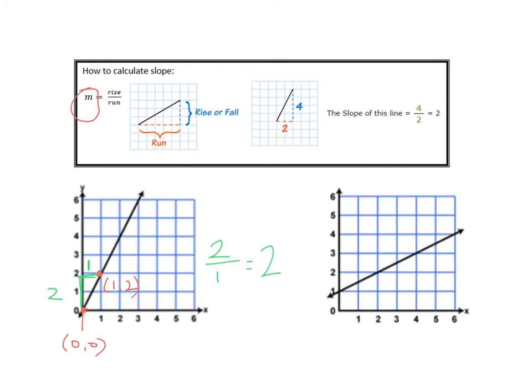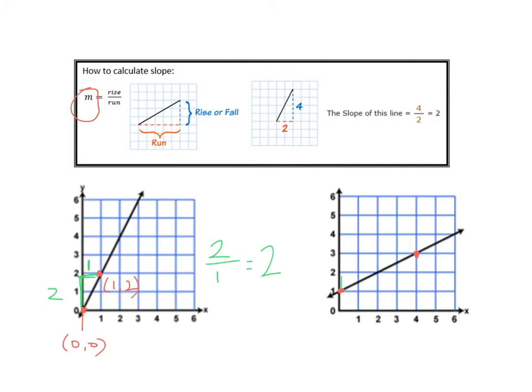Okay, now I'll do the same thing for this next one over here. Again, I want to choose points on the line that are easy to identify. I can choose any point on the line as long as the point is easy to identify. So I'm going to do this one here, and this time I'm going to do one a little further away, this one over here. It doesn't matter which 2 points I choose as long as they are clearly identifiable, because the slope will be the same all along a straight line. So now I can find the rise.